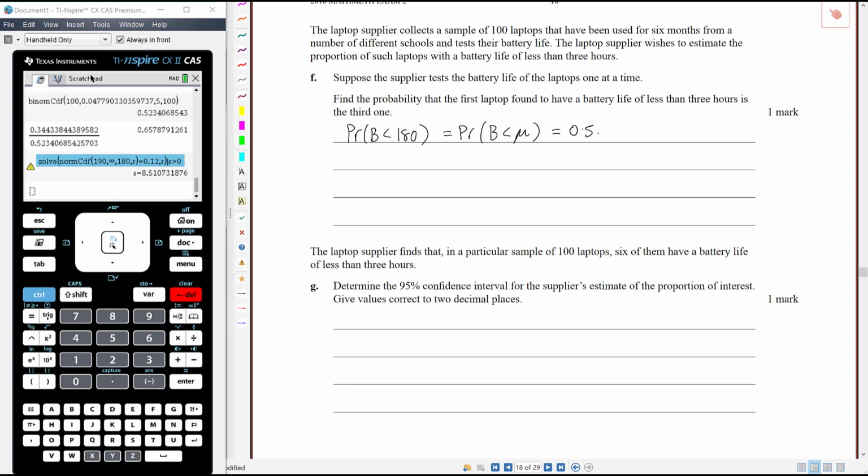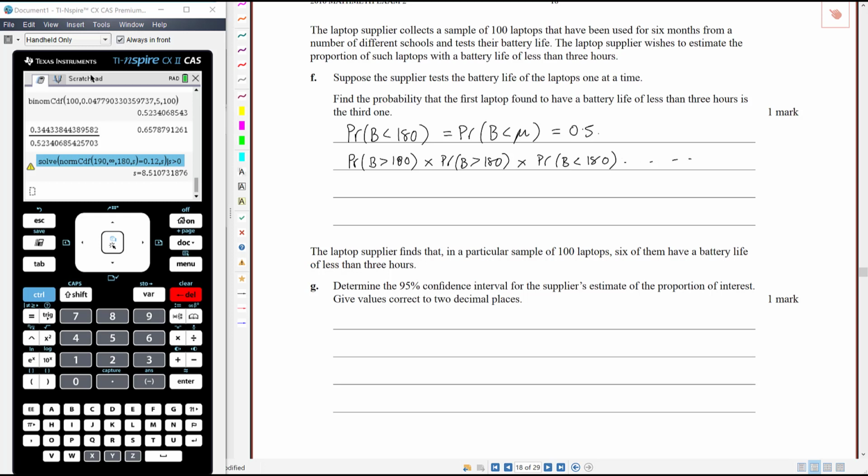Find the probability that the first laptop found to have a battery life of less than 3 hours is the third one. So they're chosen one at a time. Okay, so that means it'll be the probability that the battery life is more than 3 hours for the first one, and more than 3 hours for the next one, and less than 3 hours for the third one.